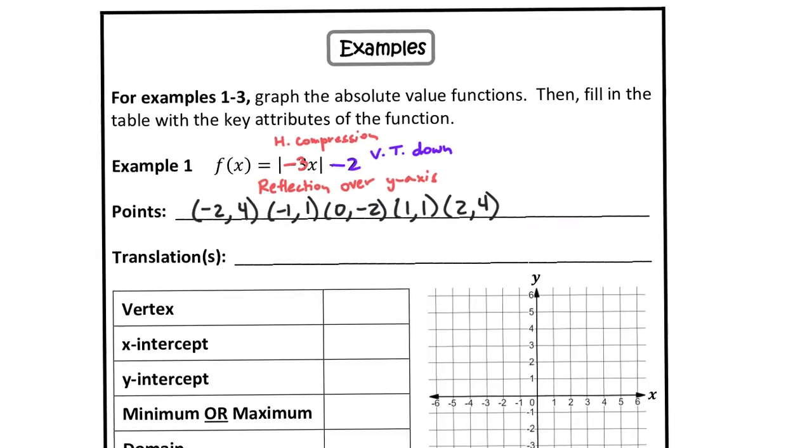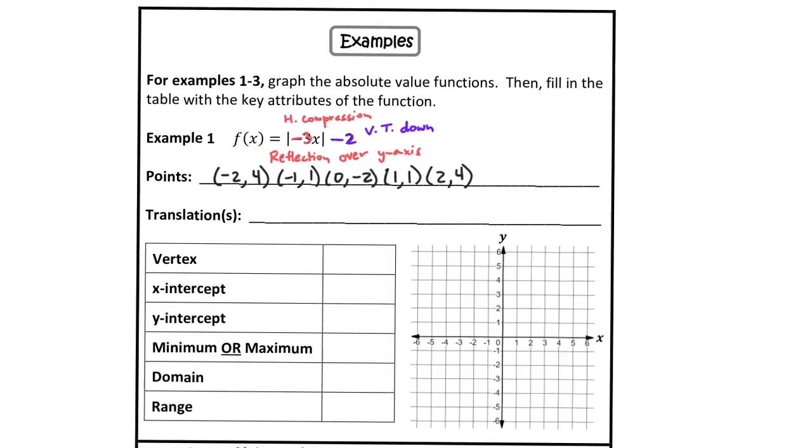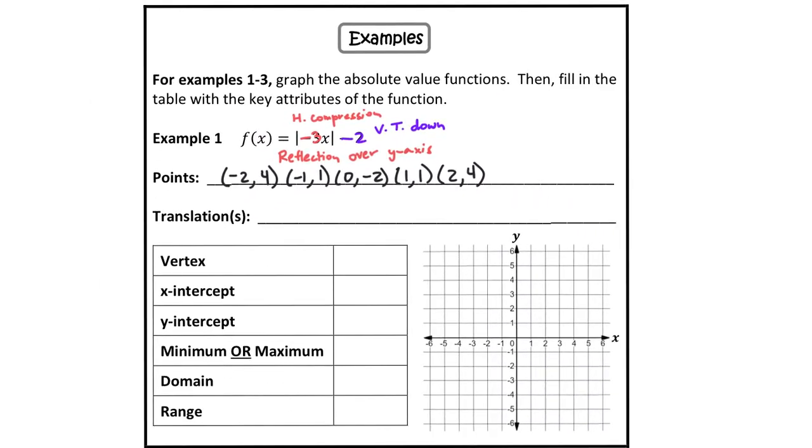So let's plot these points. Let's do them in blue. Okay. So negative 2, 4.